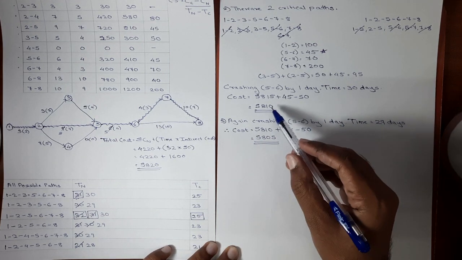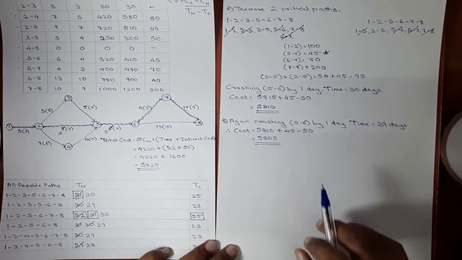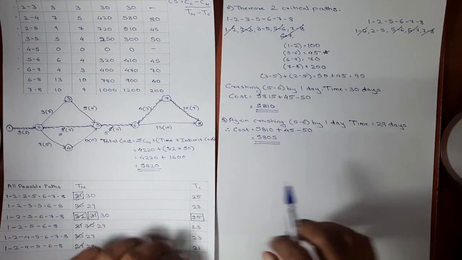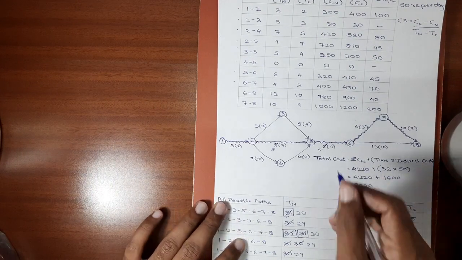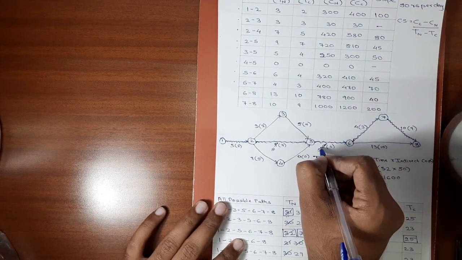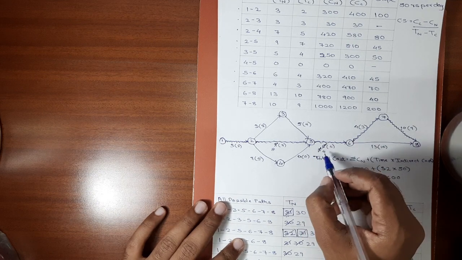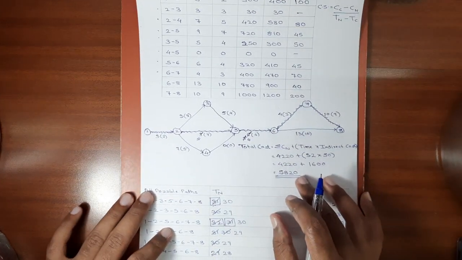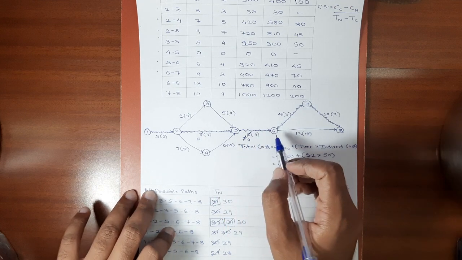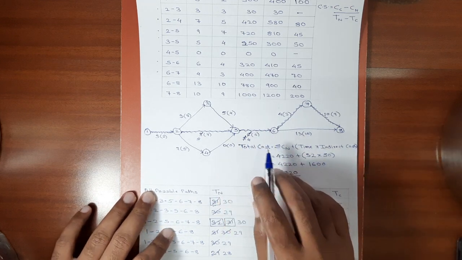Again the cost is reduced from 5810 to 5805. We'll be updating this in the network diagram. Normal duration of 5, 6 was 5, now it will become 4. Normal duration is same and crash duration is also same. So activity 5, 6 is now exhausted. It cannot be crashed further.